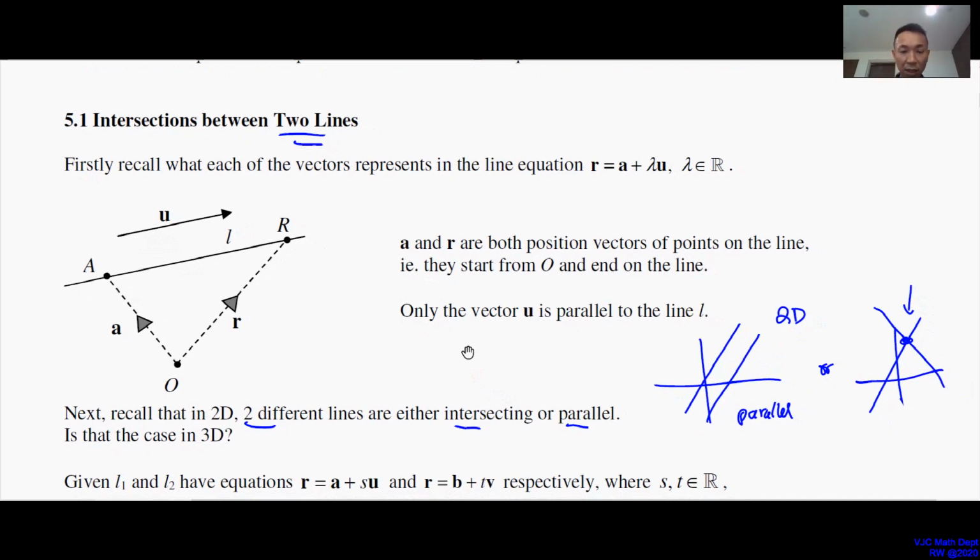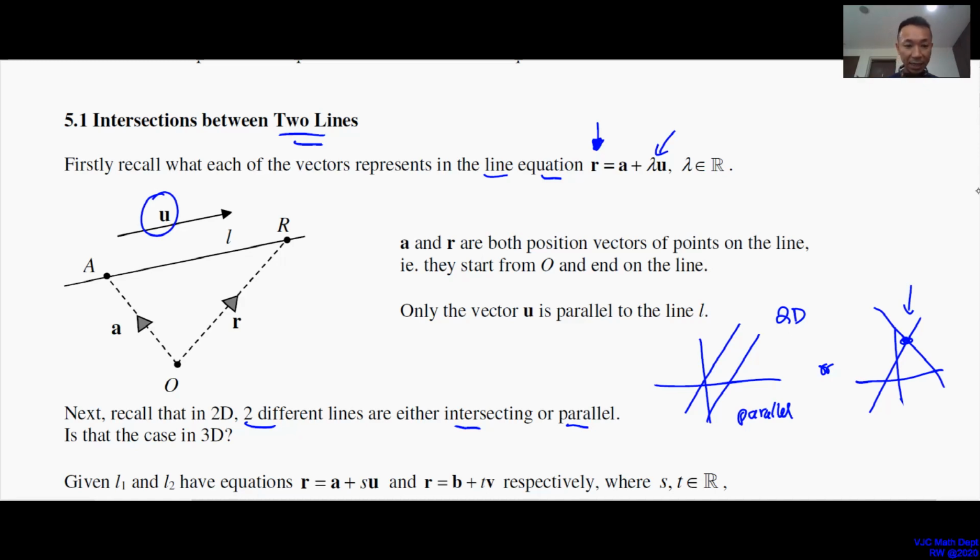Before that, let us recall, this is the line equation. Let's recall what r stands for. r is the position vector of any point on the line. So you sub different lambda, you will get different position vectors. Now, u is actually the direction vector.